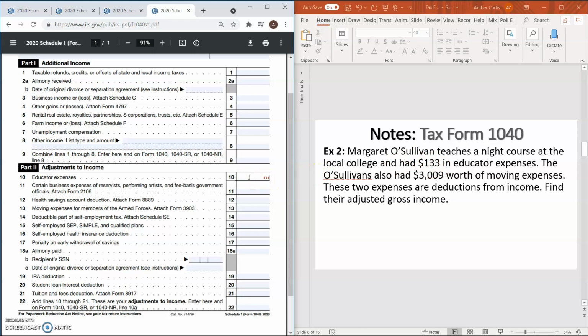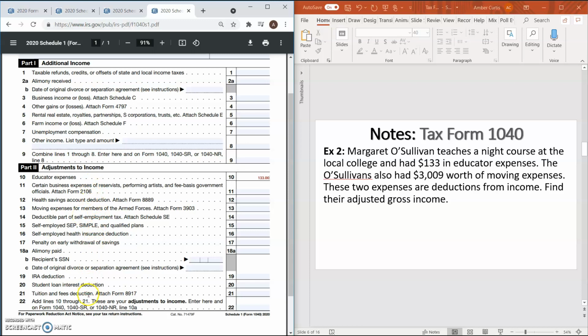We're going to put that here on line 10 on Schedule 1. Now, they also have $3,009 worth of moving expenses, and we are going to put that on this form as well, and this is something that they can deduct.